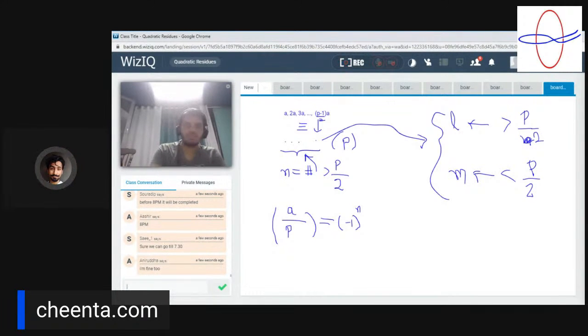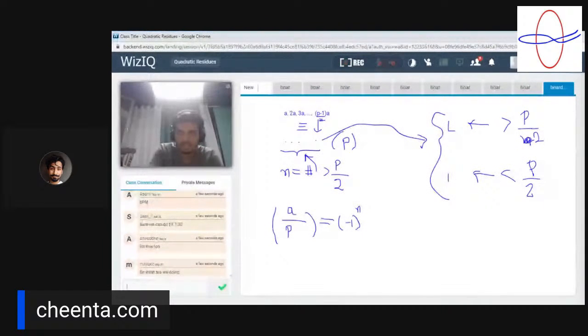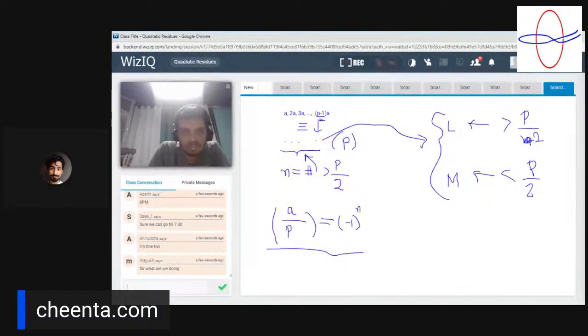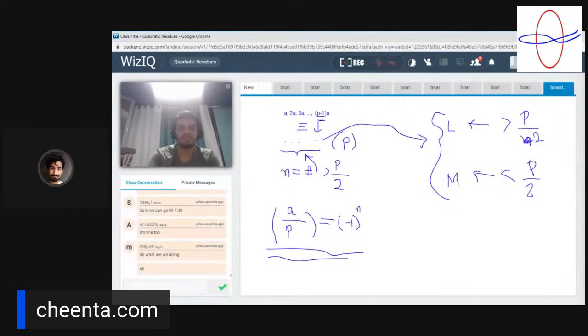Right, so we have just distributed these residues into two sets, L and M, depending on whether they are larger than or smaller than p by 2. I'm trying to prove this. So basically, we have all of these numbers here: a, 2a, 3a up to p minus 1 by 2 times a.